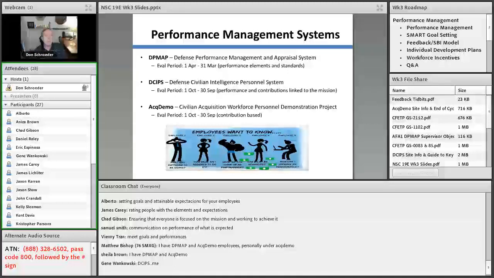DPMAP, Defense Performance Management and Appraisal System, and of course its eval period is 1 April to 31 March. And here we've got those performance elements. We have our standards. How did the people perform based upon their elements and standards, so we can know how to rate the individual and so on, right?